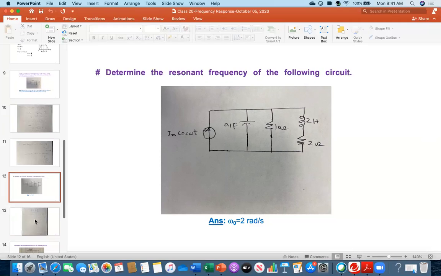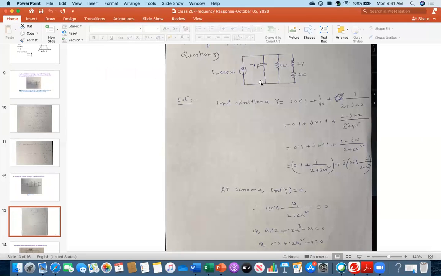So everybody see, this was my circuit. What I am calculating is the admittance Y. This is a parallel circuit. This is a series combination, but ultimately this is a parallel circuit. So I am writing the admittance. What is the admittance of this one? j omega 0.1.